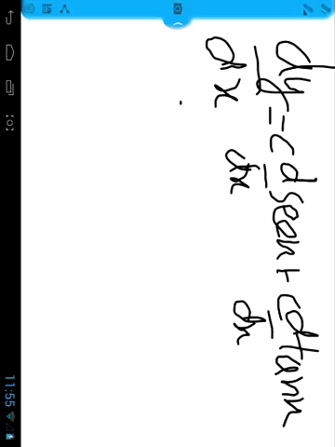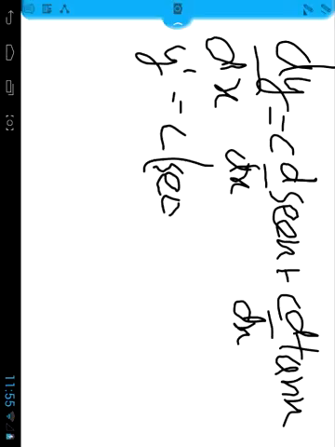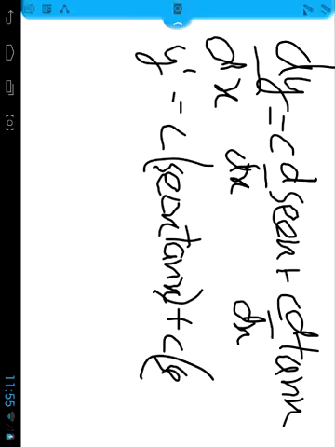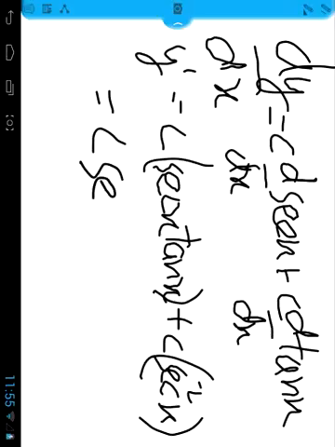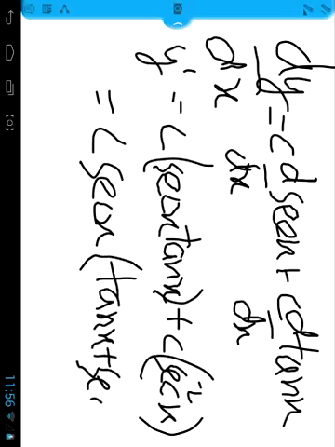Differentiating, we get c sec x tan x plus c sec square x. Now if we take common sec x and c outside, the equation becomes c sec x (tan x plus sec x) is equal to dy by dx.